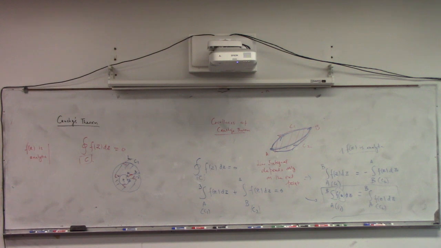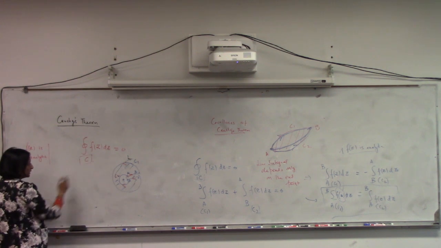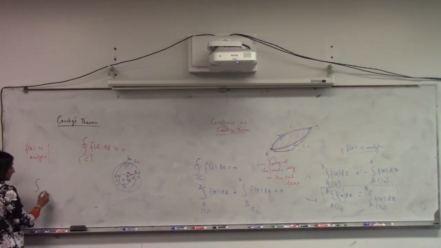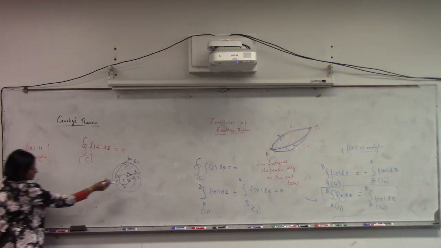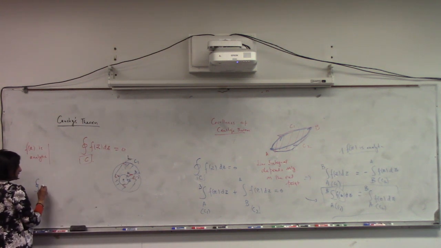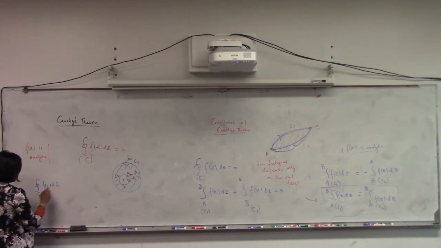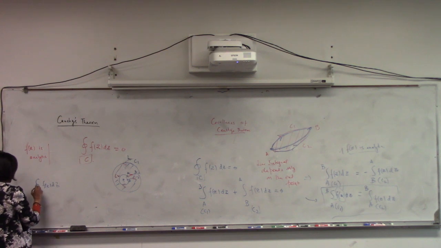The integrals of A to B, B to C, C to D, D to A, added together, are 0. But we also have to be careful about the signs and everything. The contour is all the pieces, right? So we can say, contour integral on C1, because we assume this slit is very small, of f of z dz, and we are traversing that in the counterclockwise direction, right?